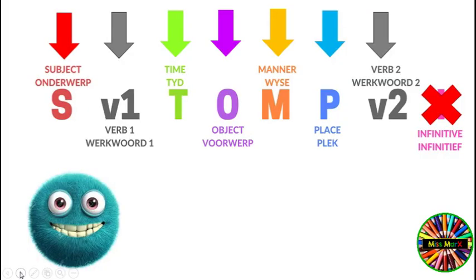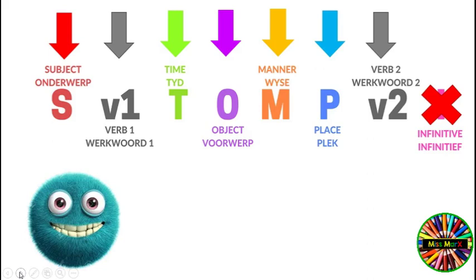There is STOMPI. STOMPI is basically an acronym, which means it consists of letters and each letter represents a concept. So S, subject, V1, verb 1, T, the time word, O, the object, M for the manner in which an action takes place, P is the place at which it takes place, and verb 2 is your second verb.